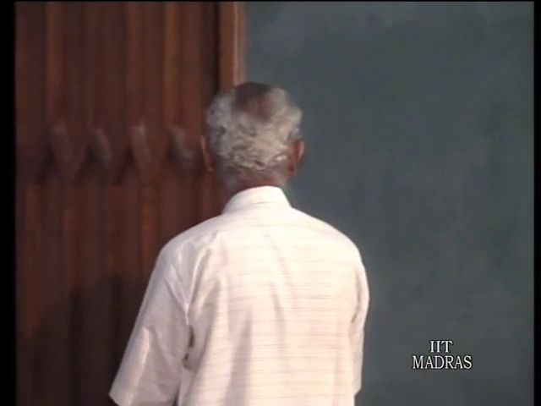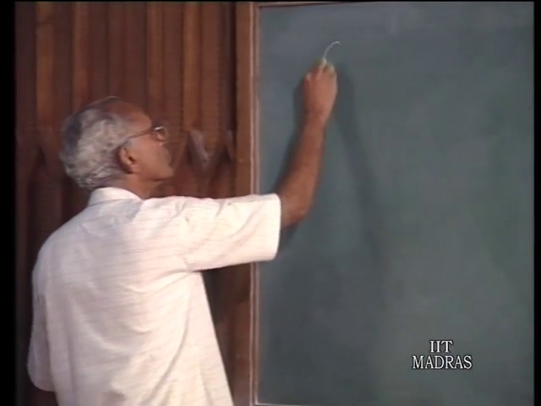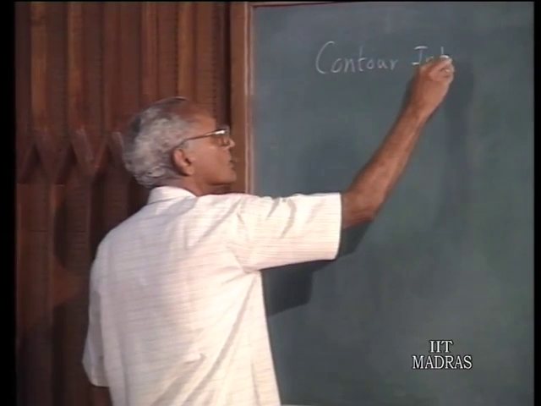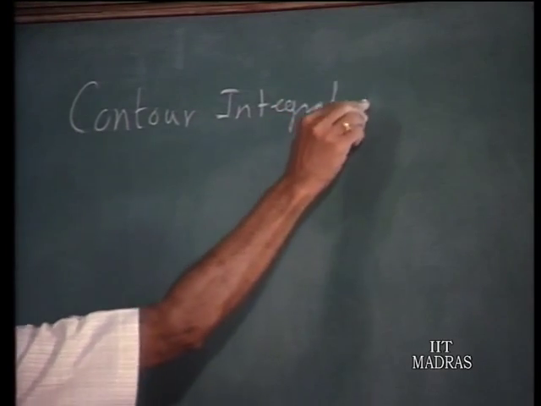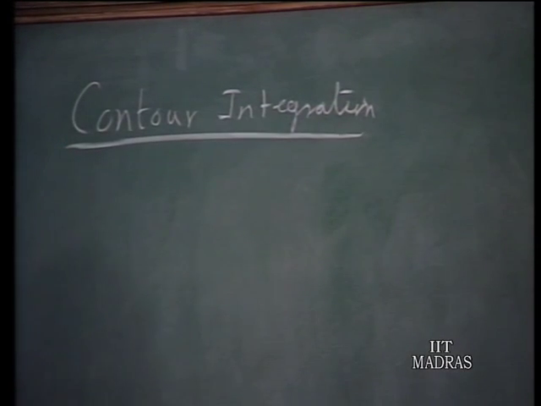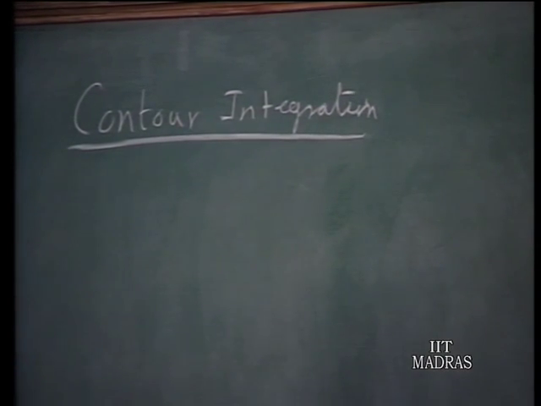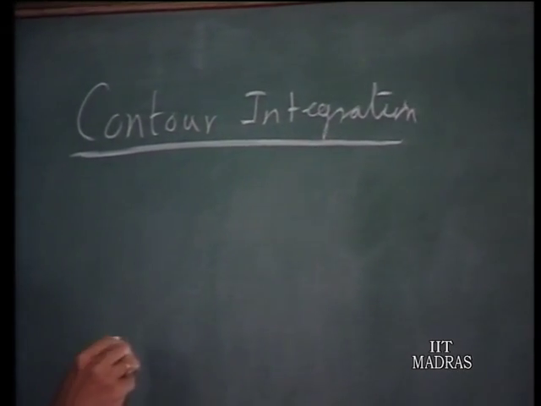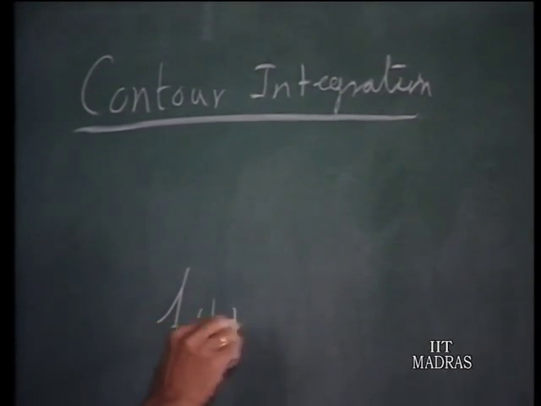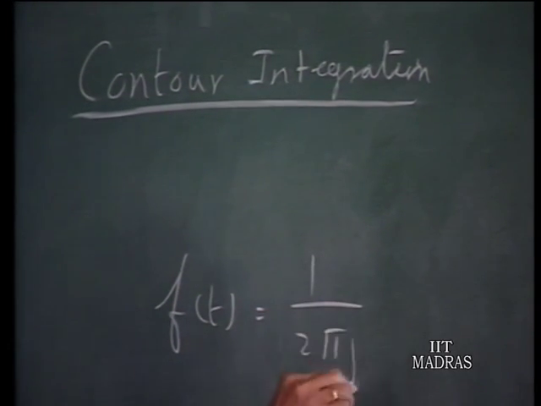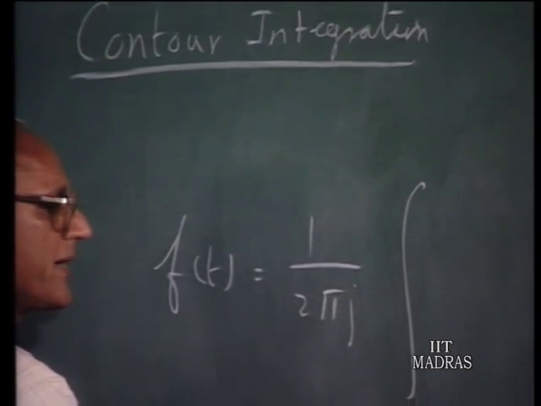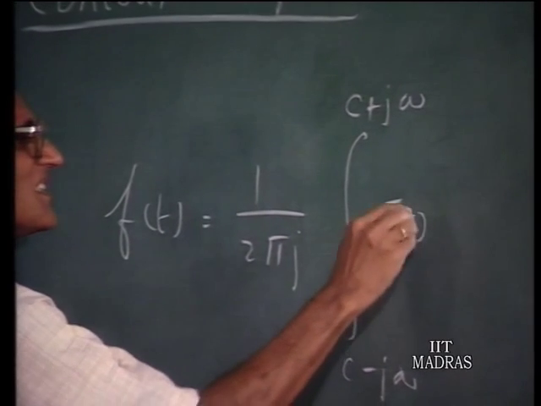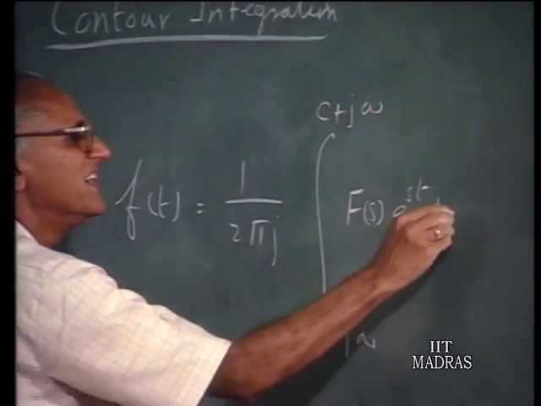There is another method, which is the contour integration, which is more fundamental and which stems from the very definition of the inverse Laplace transformation. You recall that the inverse Laplace transformation f of t is 1 over 2 pi j times the integral from c minus j infinity to c plus j infinity of F of s e to the power of st ds.